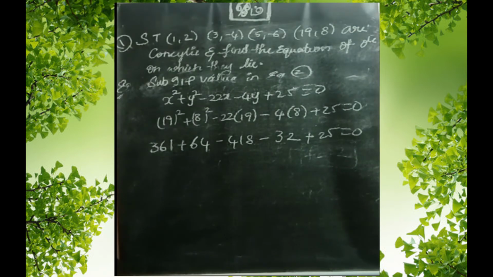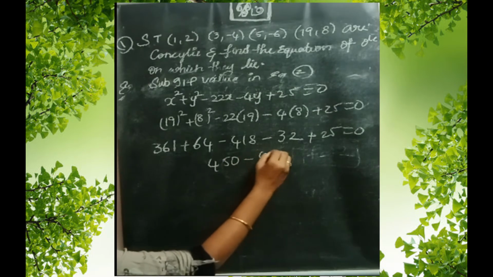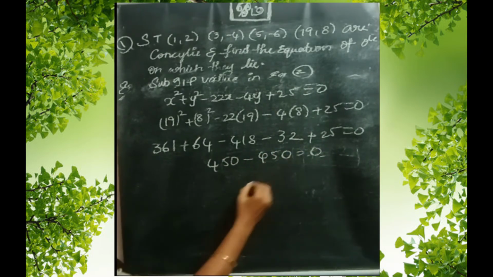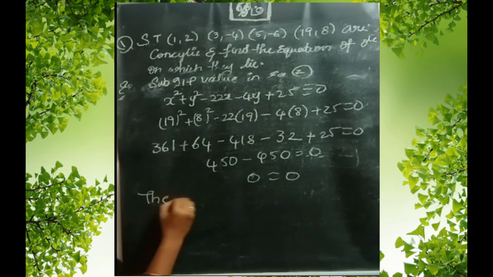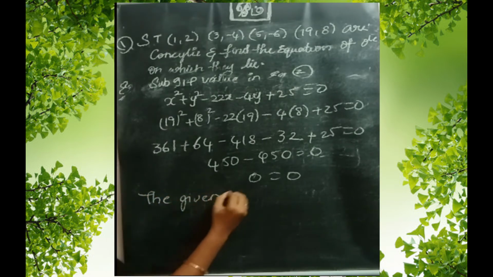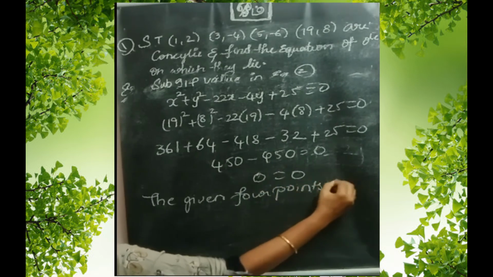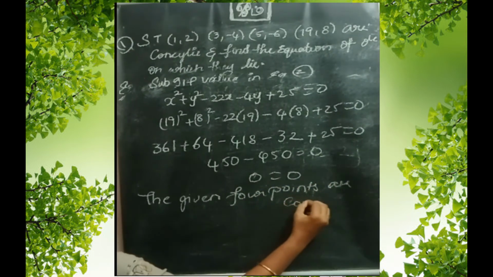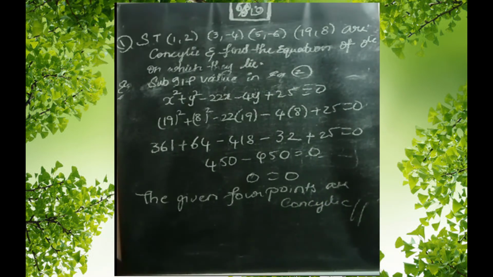Now by solving, we get 450 minus 450. So 0 equals 0. So the given 4 points are concyclic. That's it. If 0 equals 0, then the 4 points are concyclic.